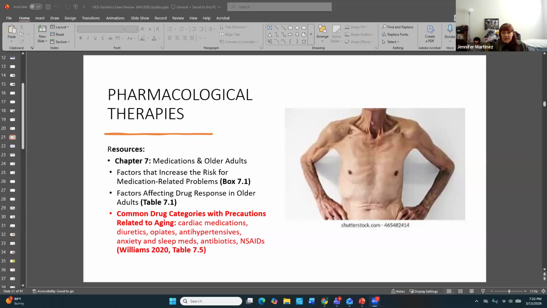They could even be manual dexterity. So make sure you look through those boxes. Common drug categories with precautions related to aging: your cardiac meds, your diuretics, your opiates, your antihypertensives, anxiety and sleep meds, your antibiotics and NSAIDs. Those are in your Williams book, table 7.5.